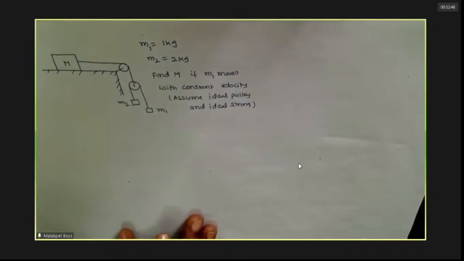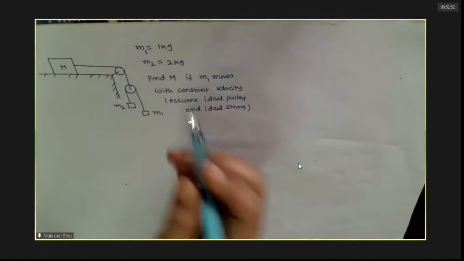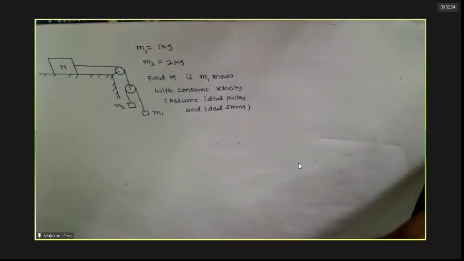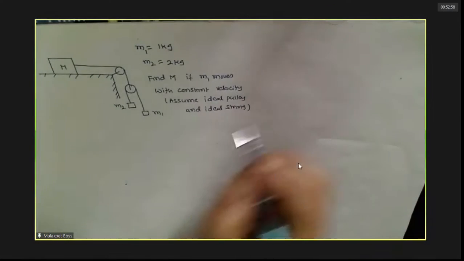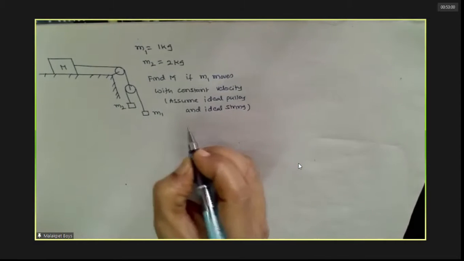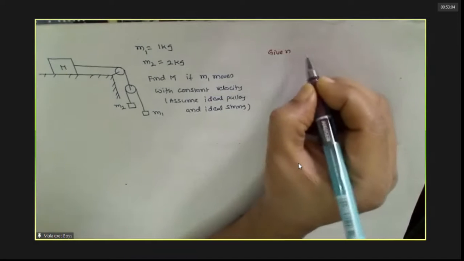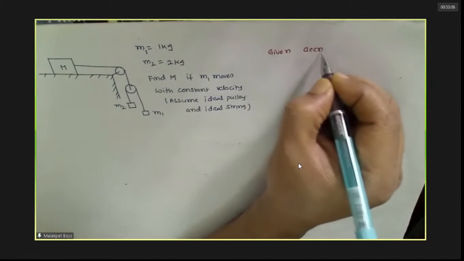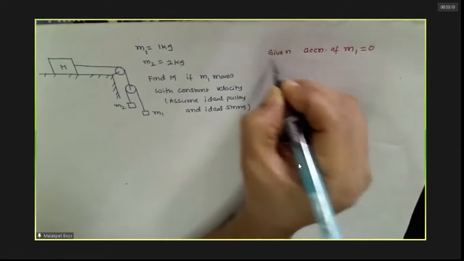Shall I turn this? See here, let us draw. What he says, if you observe this carefully, is given or not?